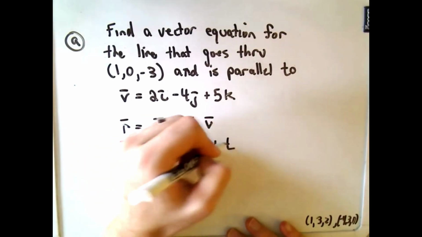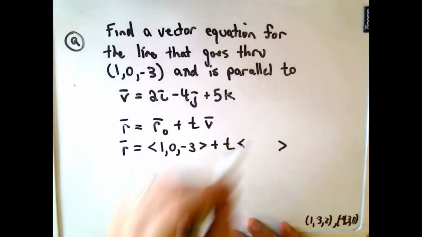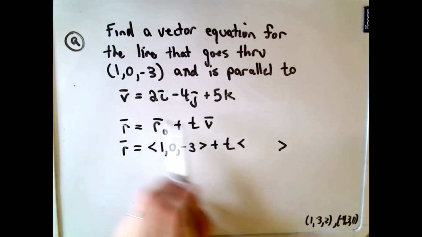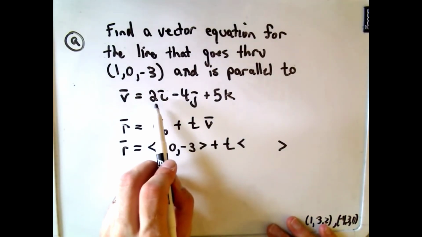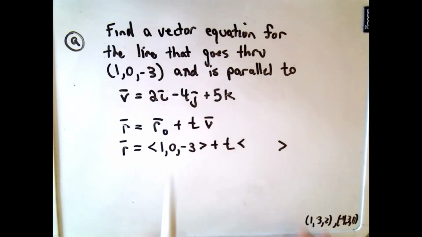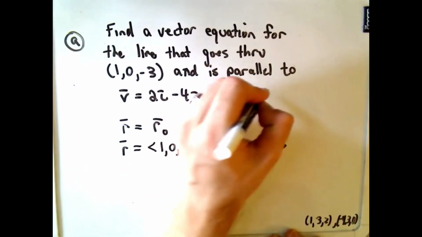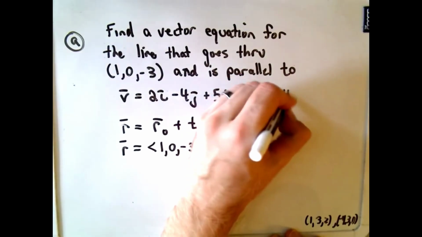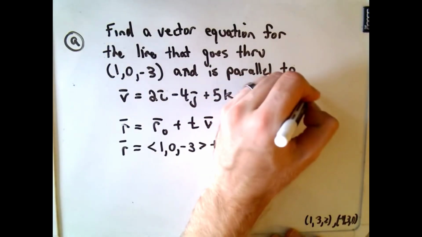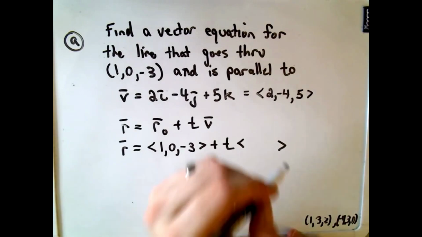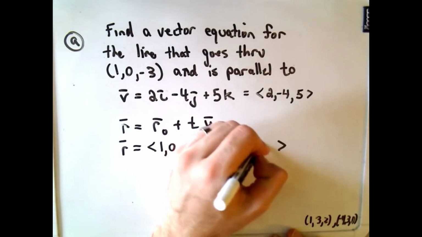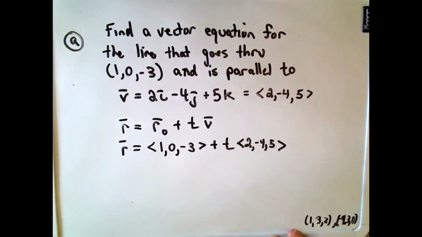We drop in our t, and now it's easy. Again, we need a vector v that's parallel, but we're given for free that this vector is parallel. So we can write it in component form as 2, negative 4, and 5. So that's all I'm going to drop in there. 2, negative 4, and 5.